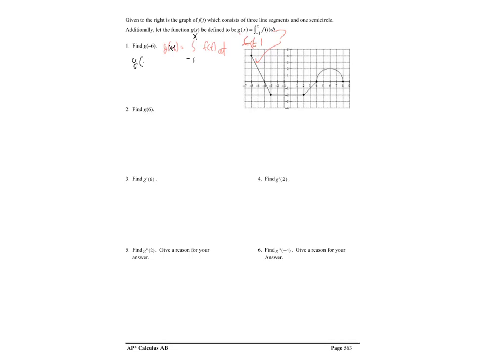G of -6 is the integral from -1 to -6 of f of t dt. This, I do have to switch it around. G of -6 equals the negative of the integral from -6 to -1 of f of t dt.